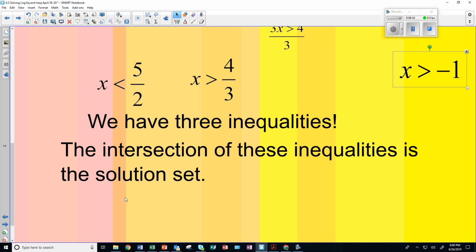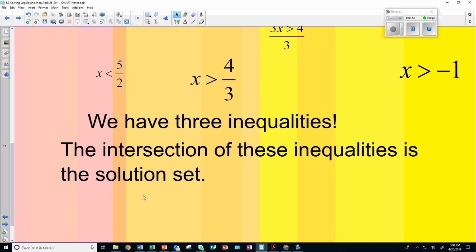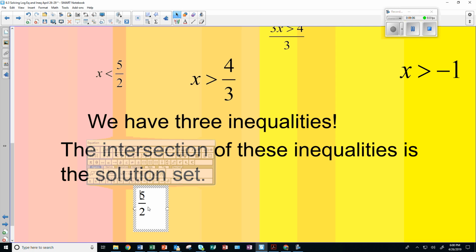So if we combine these two inequalities, we get 5/2 on the bigger end. So let's go to the small end. On the small end, x has got to be bigger than 4/3. So we need a 4/3 here.